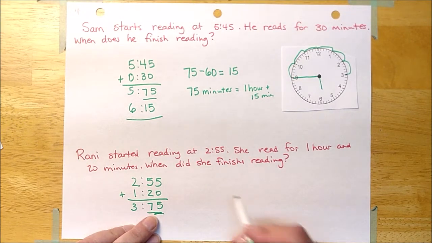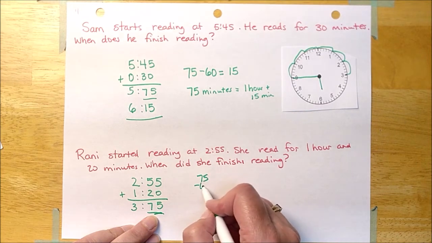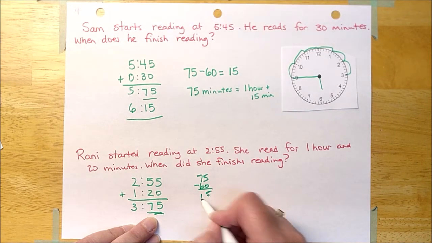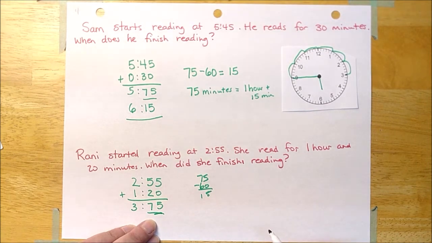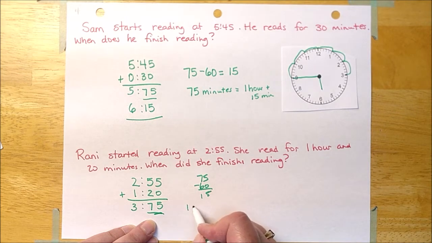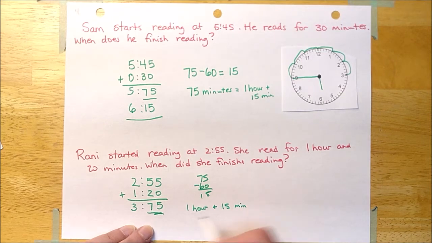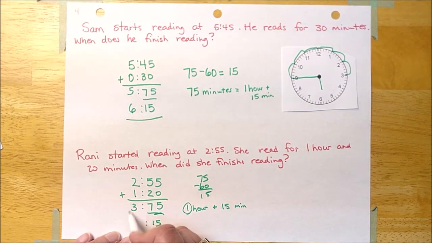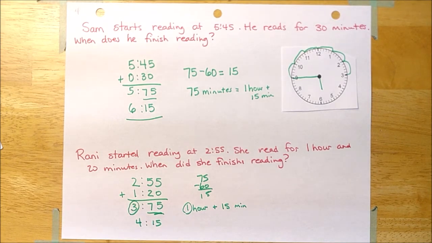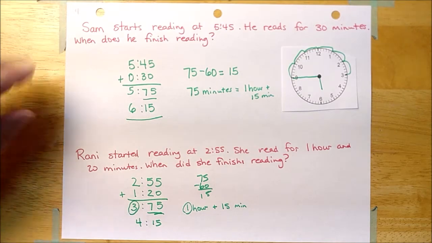So if I take 60 away from that, take 1 hour away from it, I'm left with 15 minutes. So now I have 1 hour plus 15 minutes. So this will be my 15 minutes, and then I have my hour, which I have to add to that hour, so it's 4:15. I hope you're seeing that.